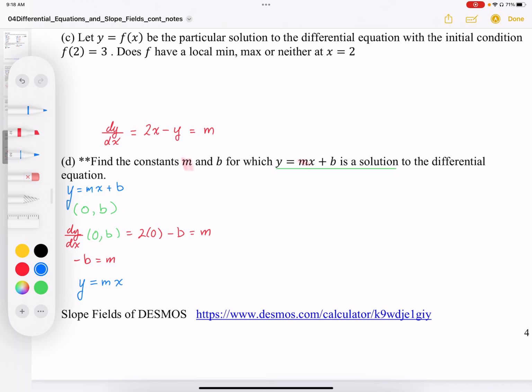So this turns into b equals negative m. So we get mx plus b, which I'm going to replace with negative m. So what that's done then is at least it's gotten rid of one of the variables to solve for. I had m and b. Now I just have m to solve for, but I still can't solve for it based on what I have here. So this is a little bit of a problem.